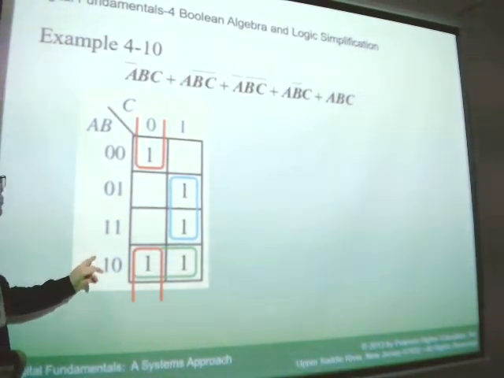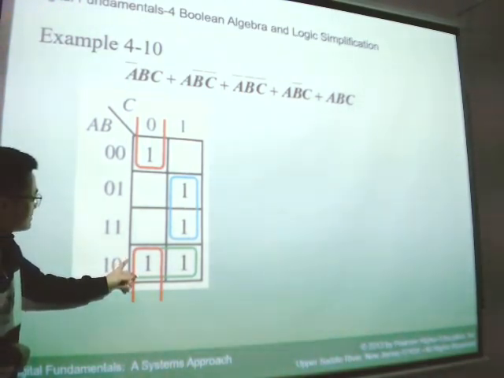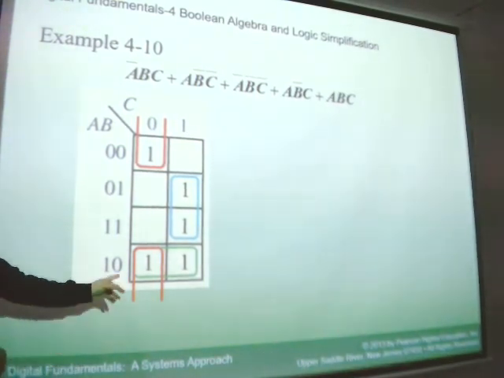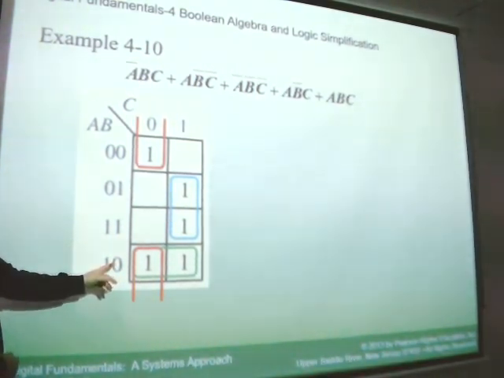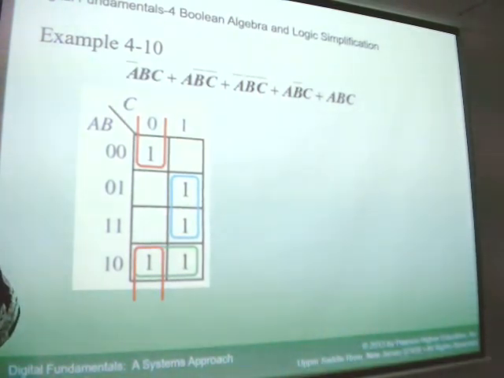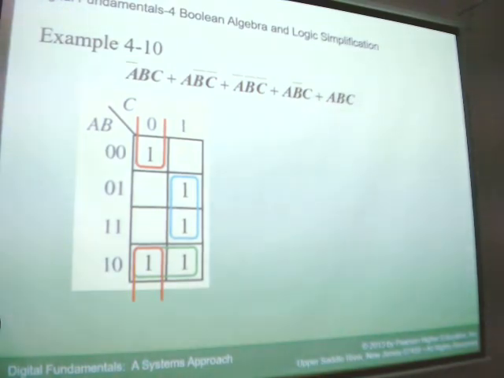And what is the minimum product term for this group? For this group, it changes. A, B bar.